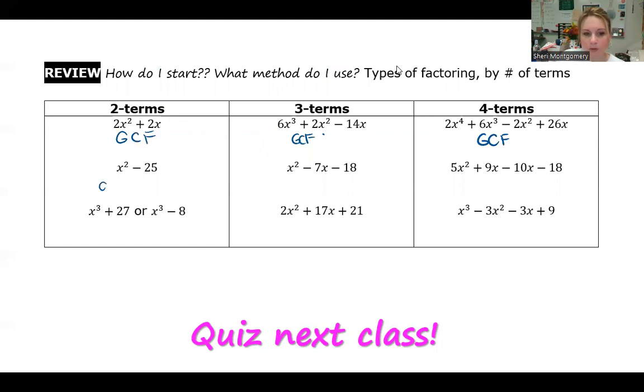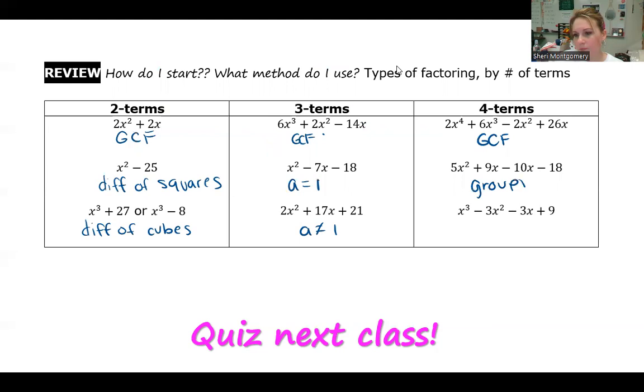This one's a difference of squares. The next one's difference of cubes. We've got when A is equal to 1, when A is not equal to 1. This is grouping. This one's grouping.